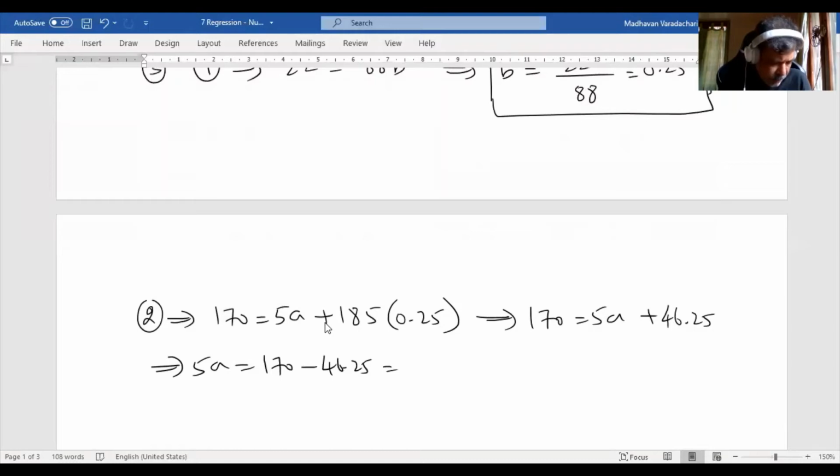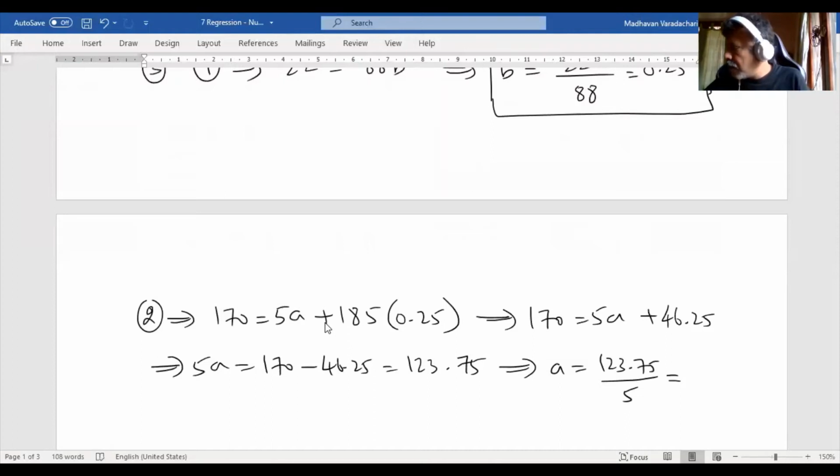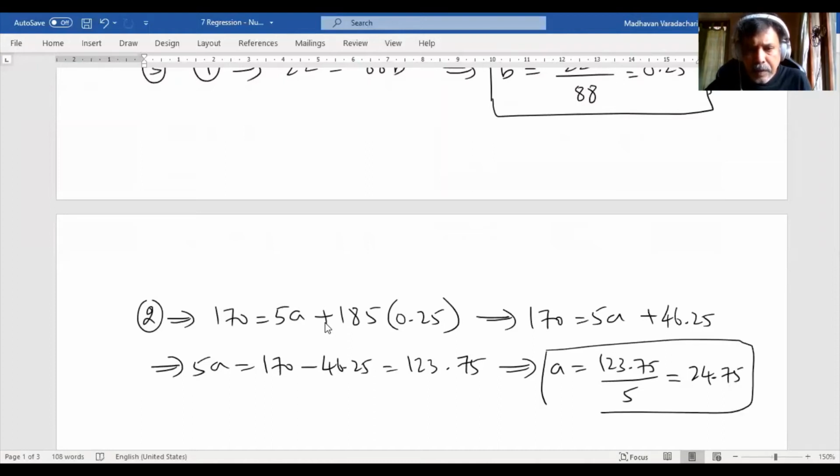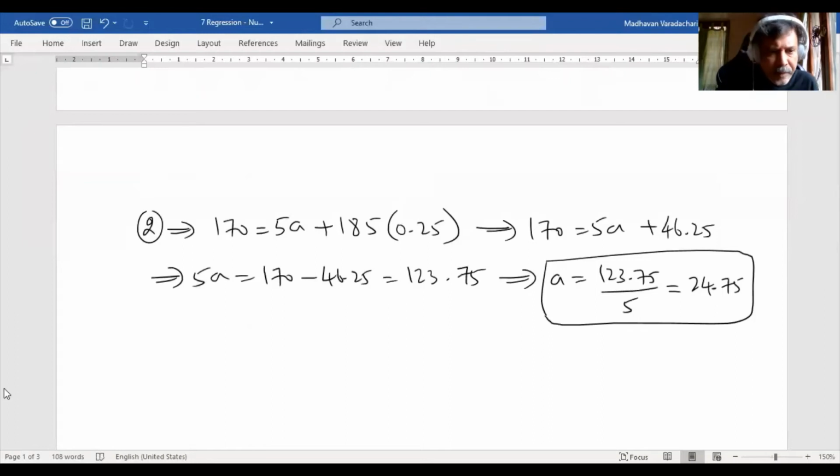What do we get? We get 123.75, which means our A will be 123.75 divided by 5. So we get A as 24.75.